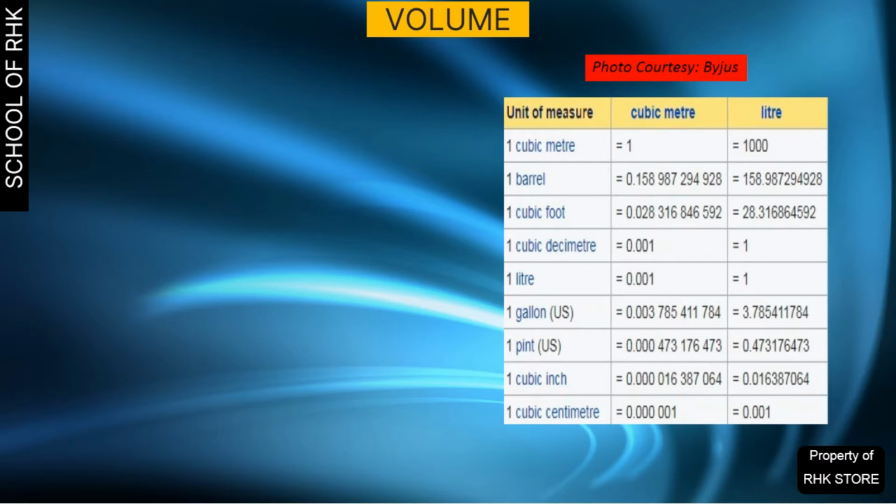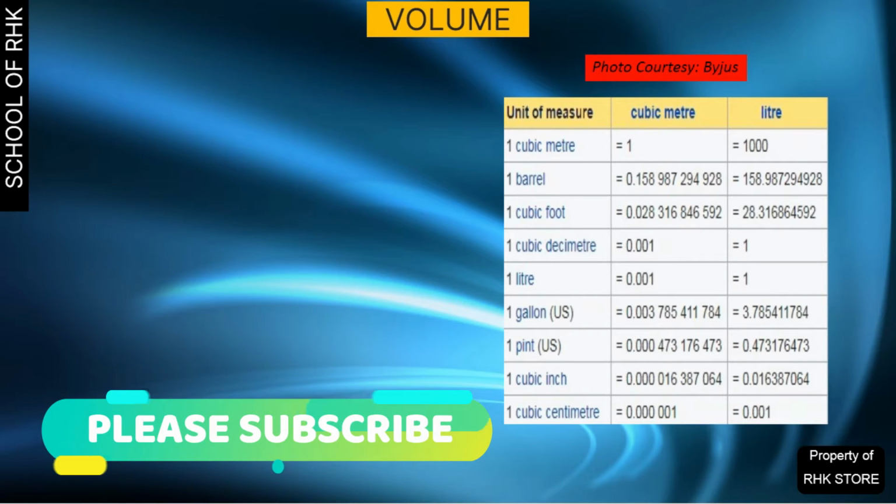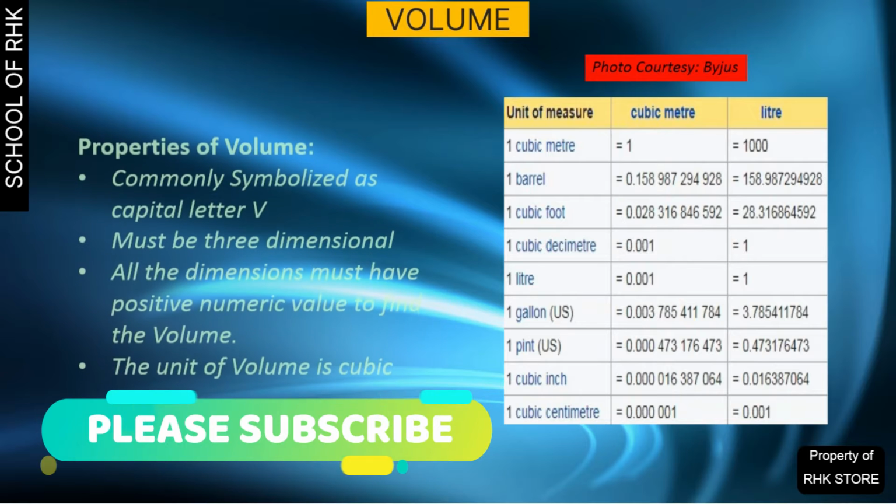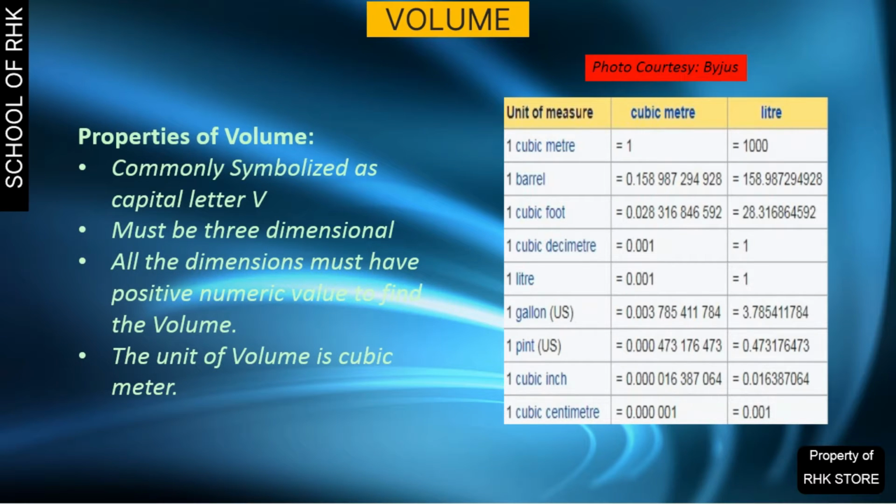However, some of the other standard units used in the British system are the cubic inch or cubic foot. Volume, commonly symbolized as capital letter V, must be three-dimensional. All the dimensions must have positive numeric value to find the volume. The unit of volume is cubic meter.